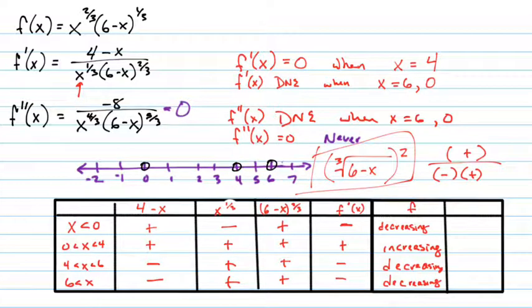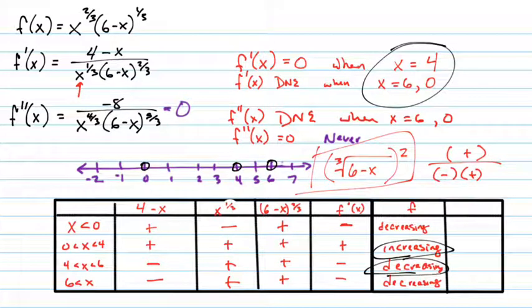You can intuit some of those from the first derivative and say that we had a critical value at 4, 6, and 0. Now at 4, since it's increasing up to 4 and decreasing after 4, that tells us that's a local maximum.